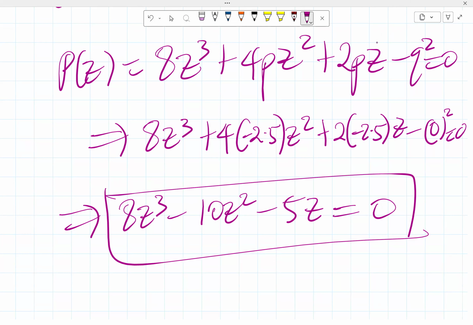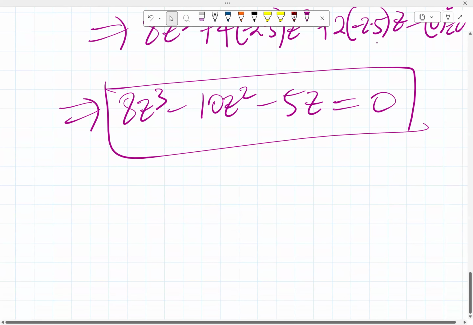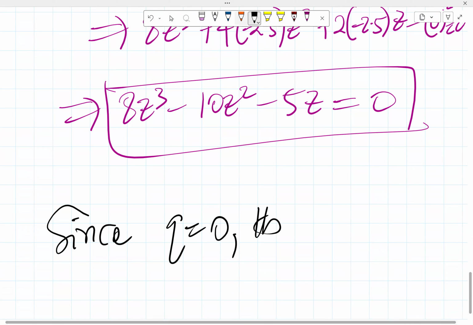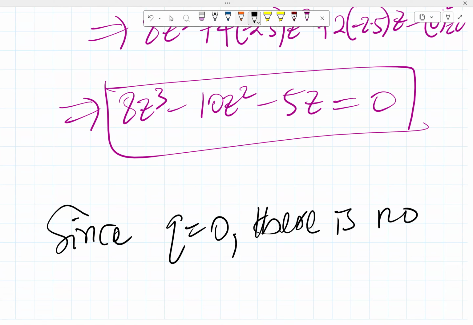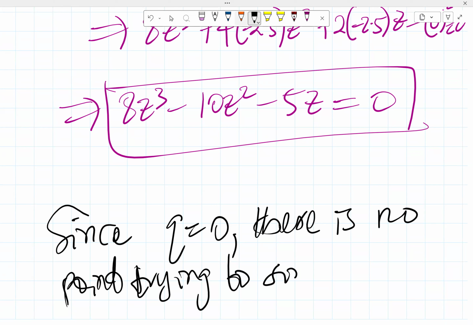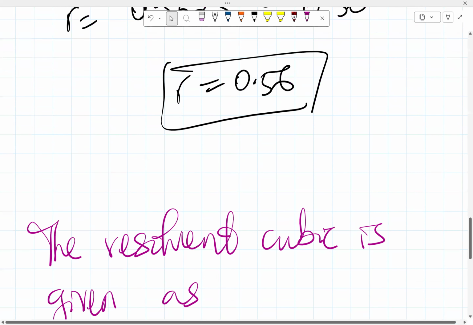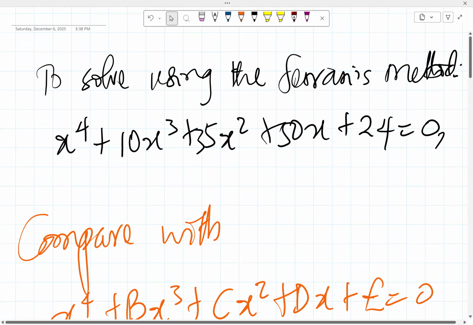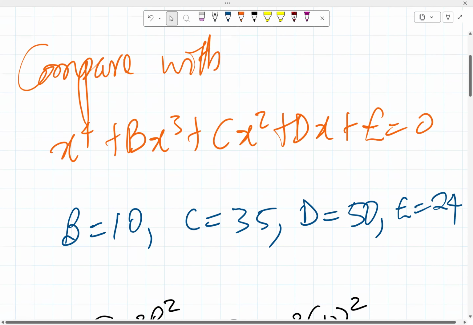So in this case now, we can make that statement that since q is equal to 0, there is no point trying to simplify P of Z, which is the resolvent cubic. That simply means that for the original expression, we're able to find better ways of solving it.